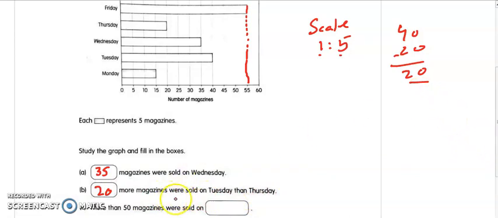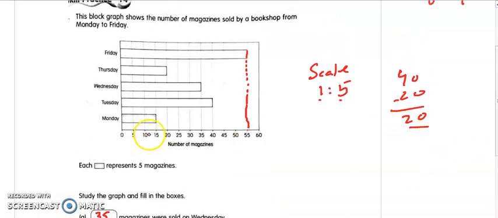Alright. So whenever you are comparing two quantities and finding the more or less difference, we need to subtract them. Now, the next question says more than 50 magazines were sold on dash. Looking at the block graph, Monday is less than 50, Tuesday is less than 50, Wednesday is less than 50, Thursday is less than 50.